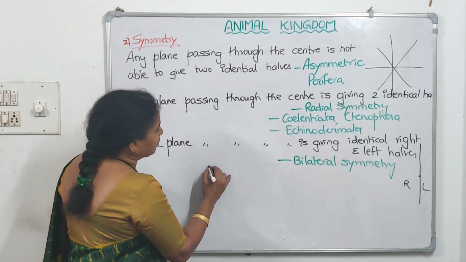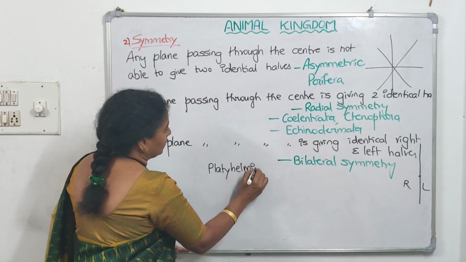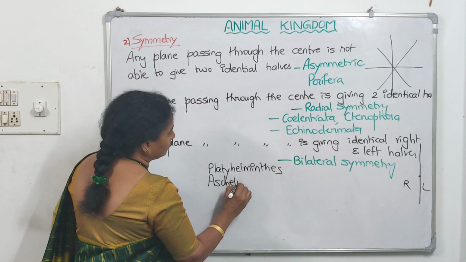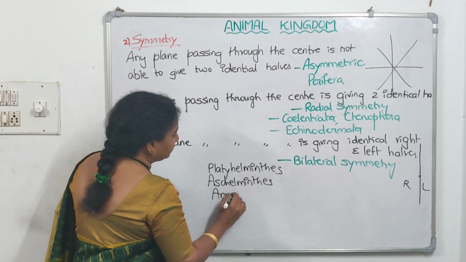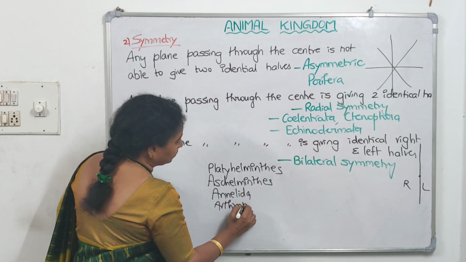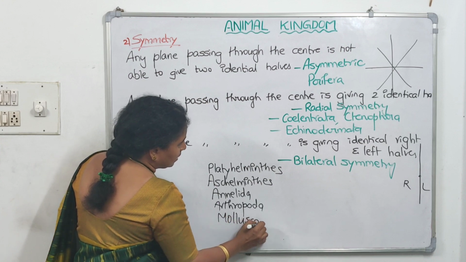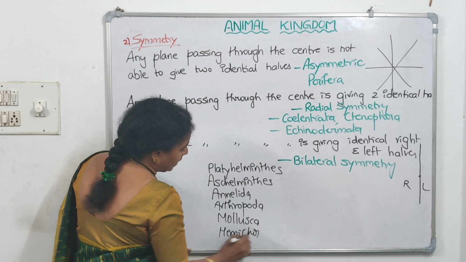The fourth phylum is Platyhelminthes, which shows bilateral symmetry. Next one, Aschelminthes. Next one, Annelida. Next one is Arthropoda. Mollusca. Leave Echinodermata, go to Hemichordata. Last one, Chordata.